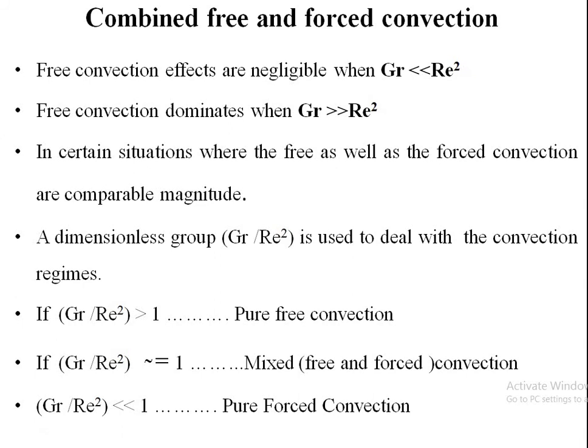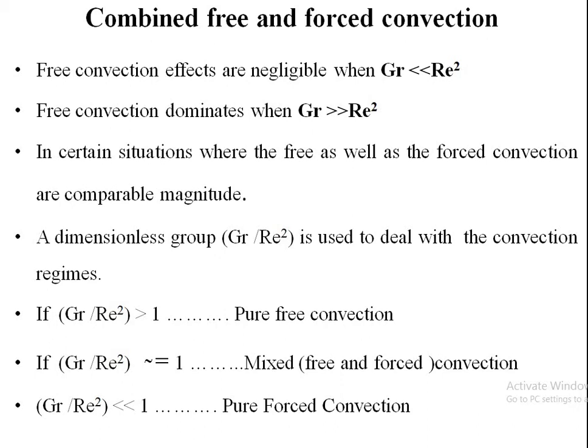Now the next point in this lecture that we have to cover is combined free and forced convection. In many cases, if the flowing fluid has very little velocity, then we can analyze the heat transfer by convection as a combination of free and forced convection.